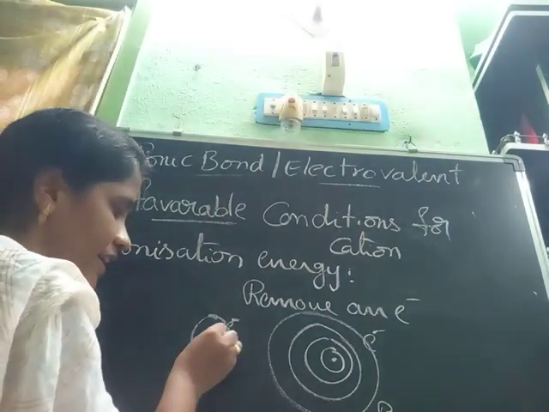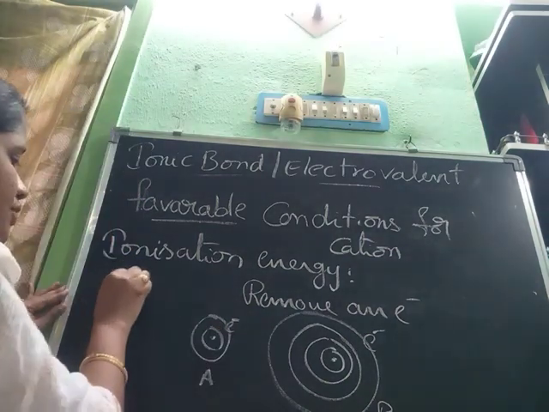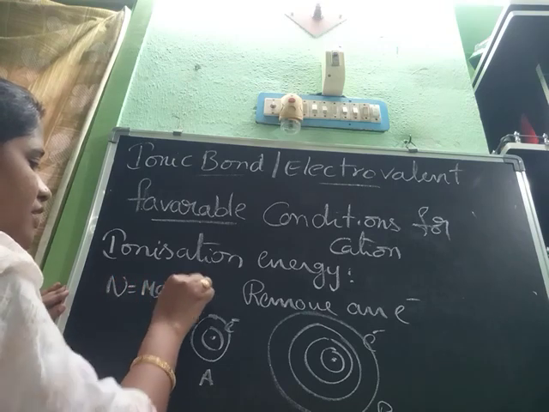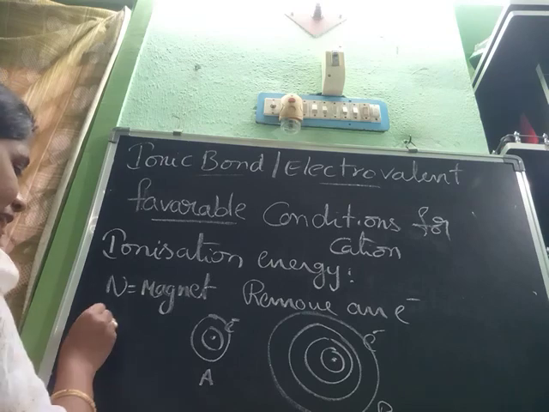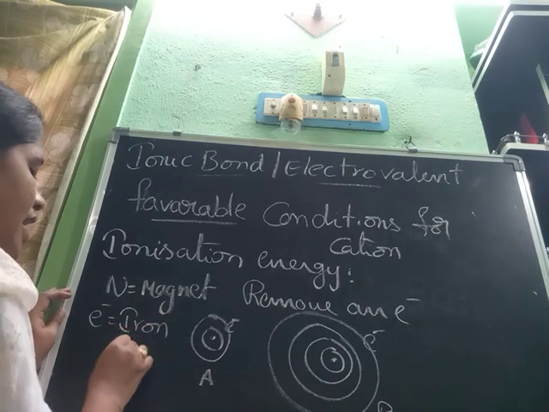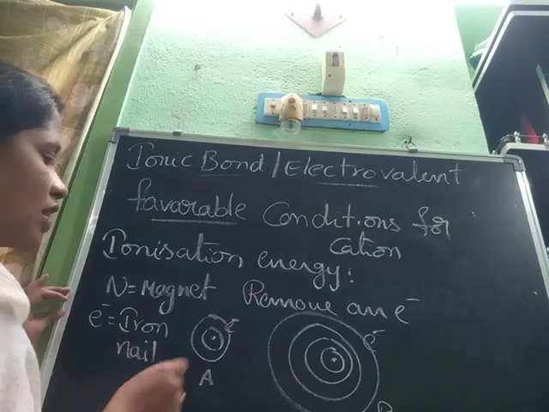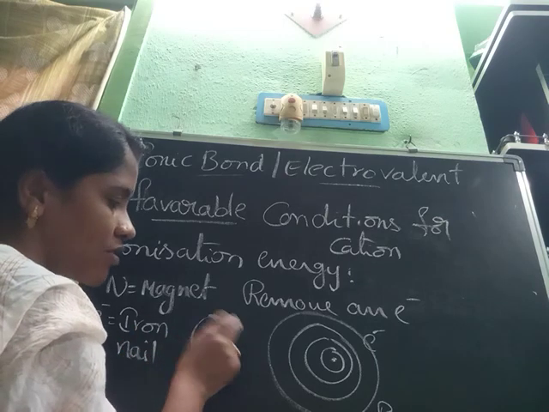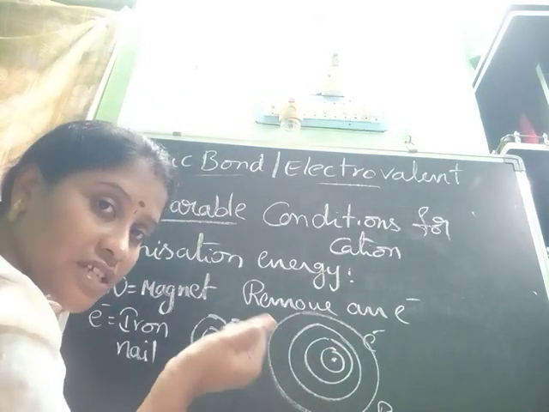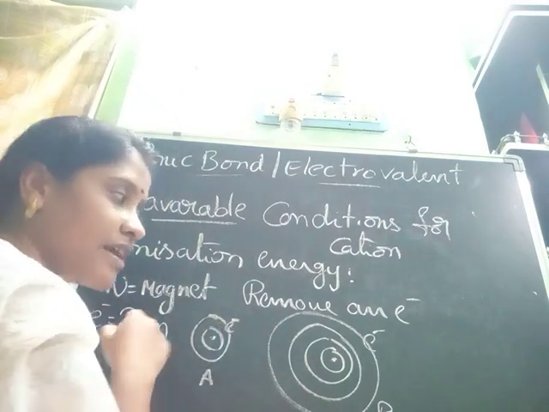See, that nucleus you compare with a magnet, and electrons you compare with an iron nail. Nucleus is the magnet, electron is the iron nail. Here the magnet and electron are there. Where will the attraction be more? Here the attraction will be more.